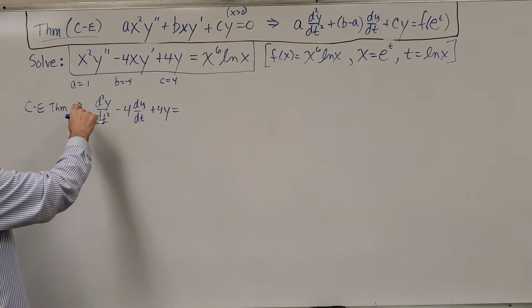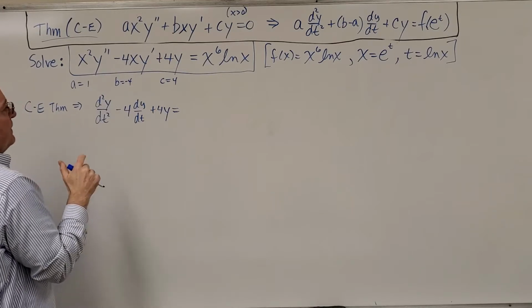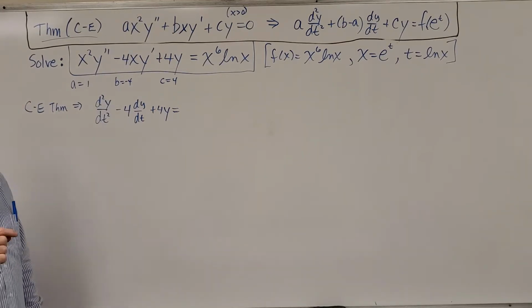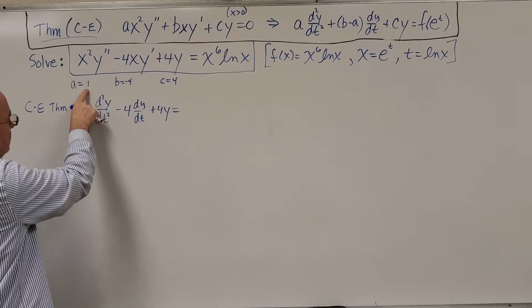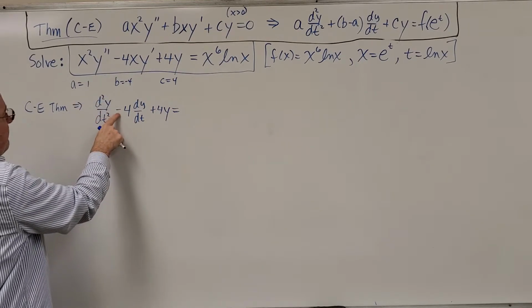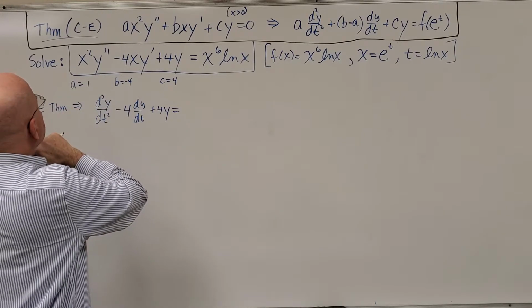All right, so our coefficients, a, b, and c, are 1, -4, and 4. So the Cauchy-Euler theorem says d squared y dt squared minus, the minus 4 comes from b minus a.